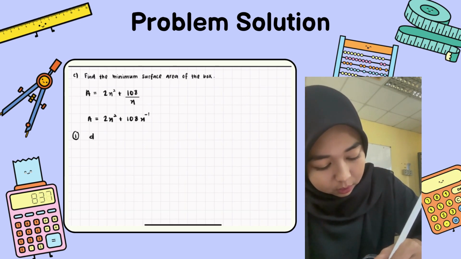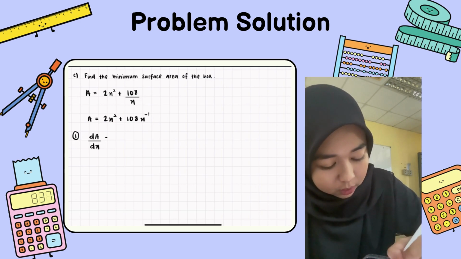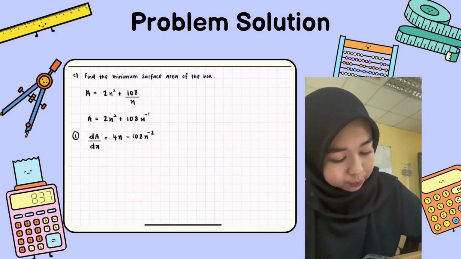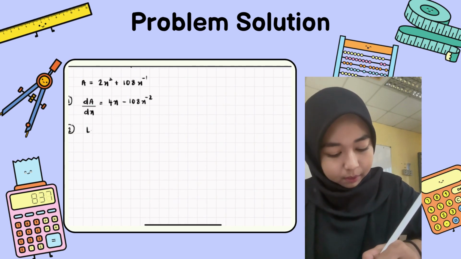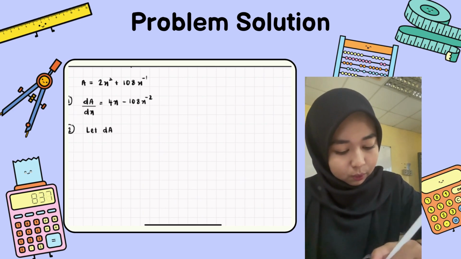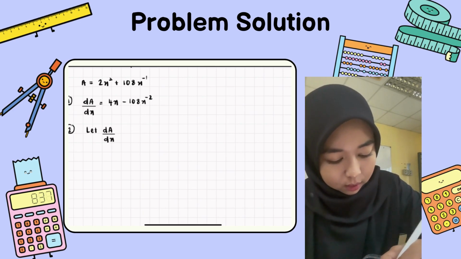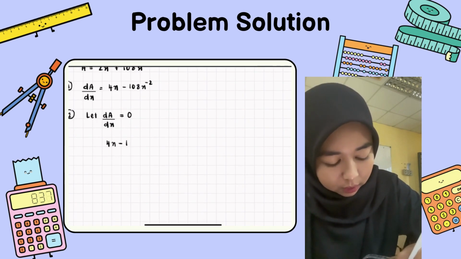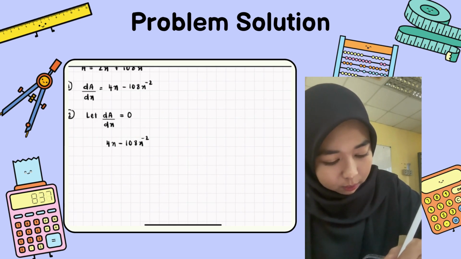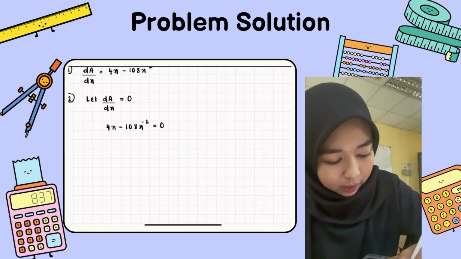So dA over dx equals 4x minus 108x to the power of negative 2. Next, for the second step, we let the first derivative dA over dx equal 0. So it will be 4x minus 108x to the power of negative 2 equals 0.